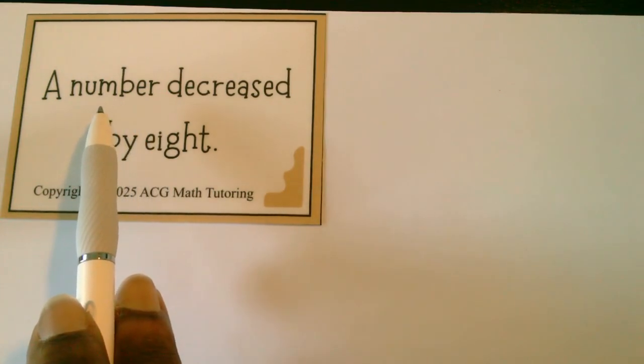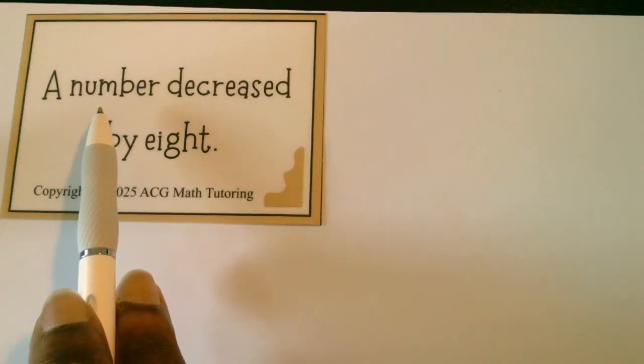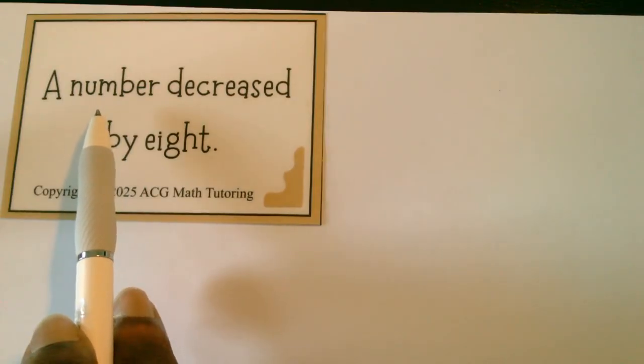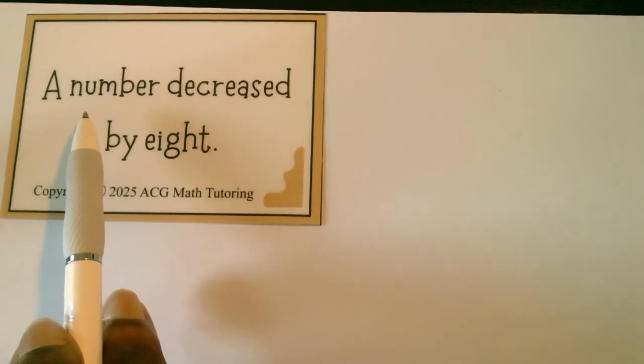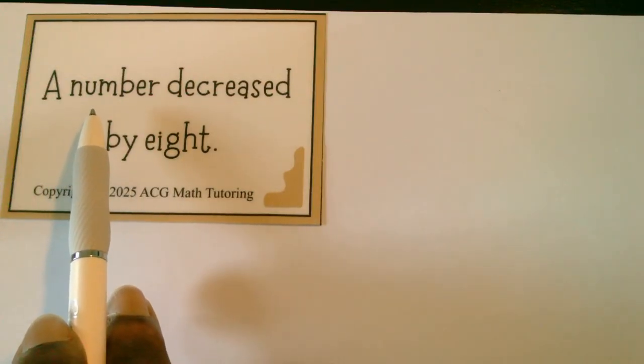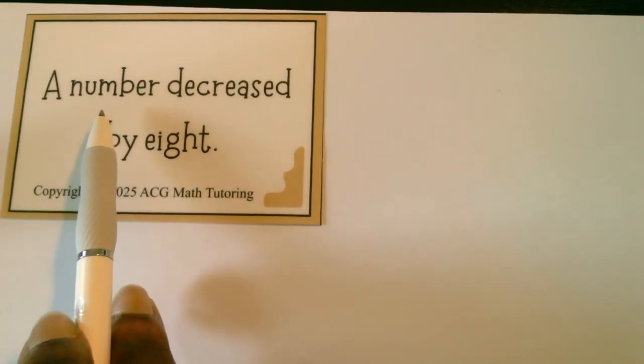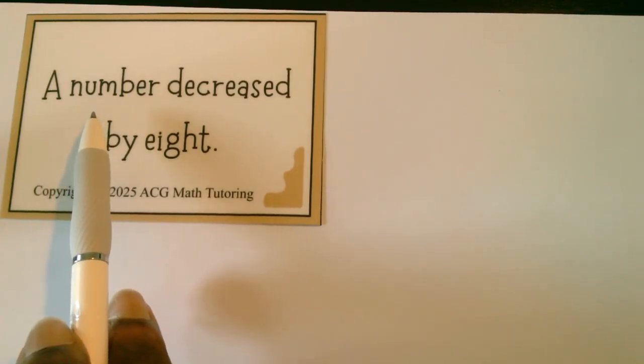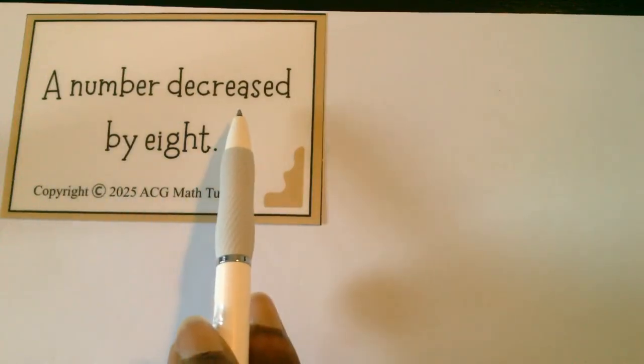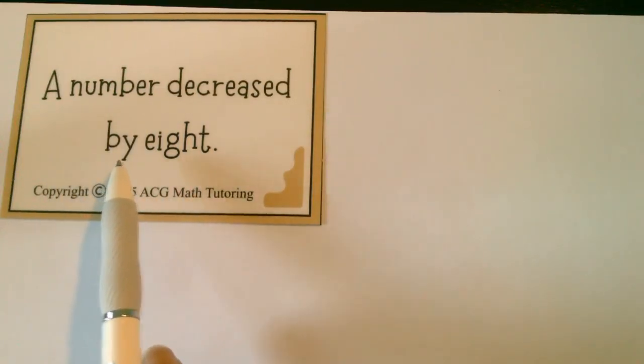You can use any letter in the alphabet except for E and I, because E and I are actually numbers. So that's why we don't use E or I for any kind of variable, because it's actually a number. Decrease, you're subtracting by 8.